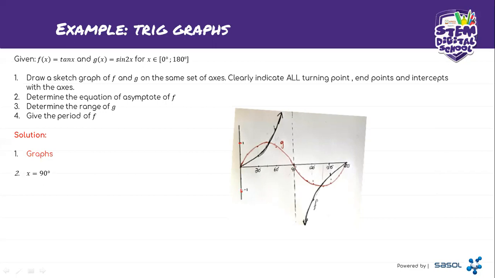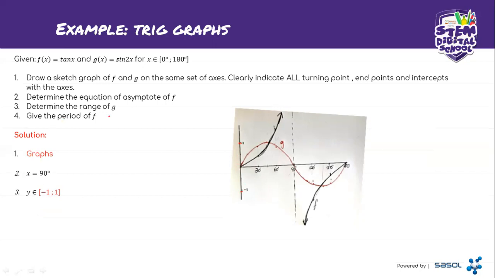The turning point is exactly at -1, and the other turning point is exactly at +1. So it's going to be from -1 to +1. Hence the range of the graph is y is an element of -1 to +1.